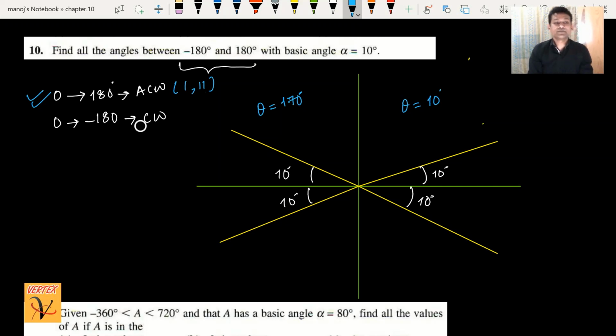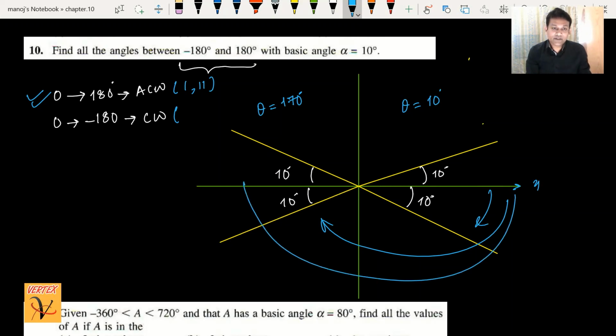In the second part, we have 0 to minus 180, clockwise. From the positive x-axis I move clockwise until minus 180, so we have the fourth and third quadrants.